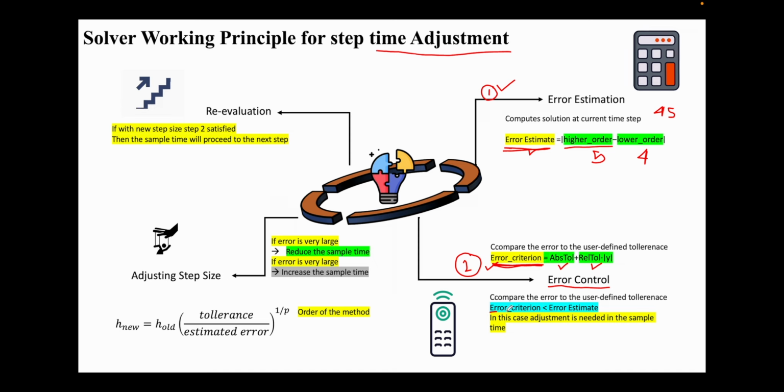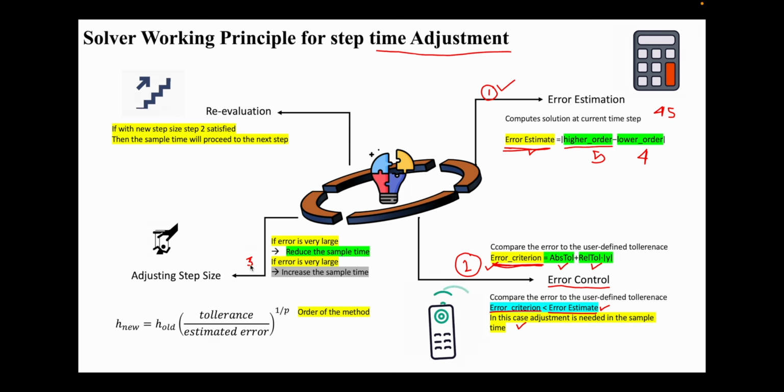If the error criterion is less than the estimated error, meaning your estimated error is bigger compared to your error criterion, then you will need an adjustment of sample time. The decision is taken that we need an adjustment of the sample time based on our current simulation. Once this is decided, we jump into stage 3.